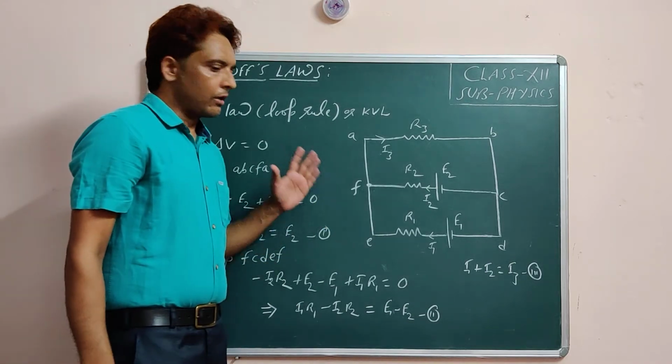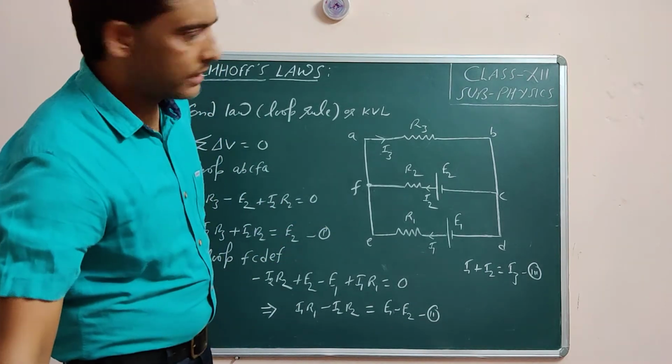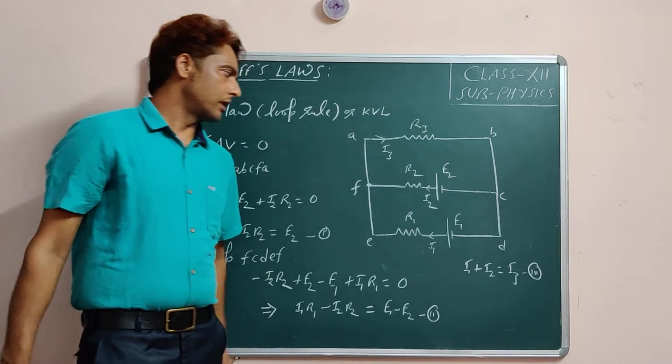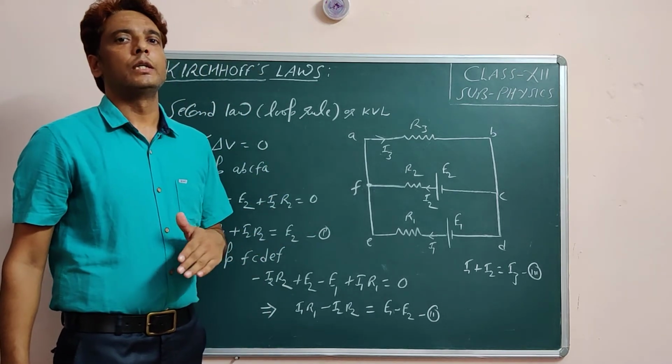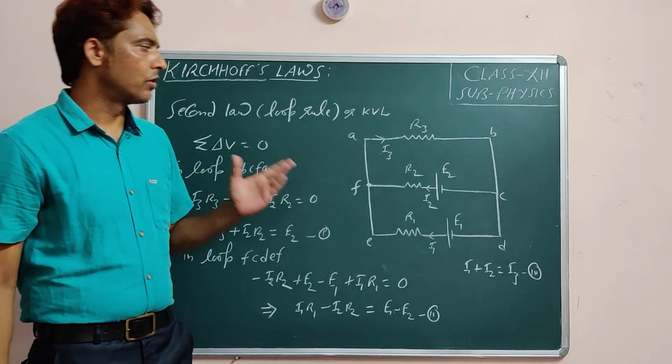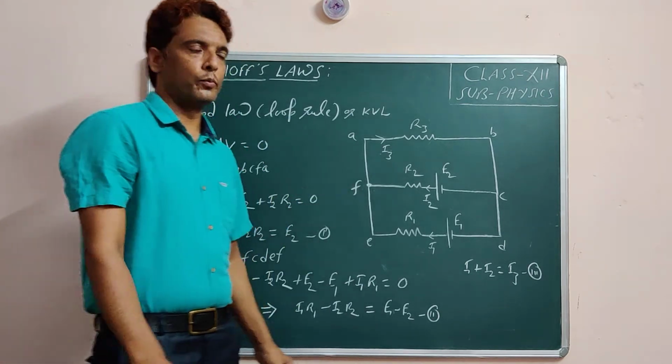So these laws can be used for finding net resistance as well as currents in different branches of a complicated circuit where it is difficult to apply the laws of series combination or parallel combination.